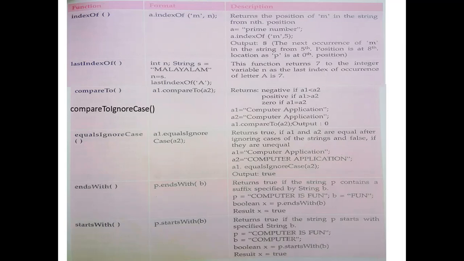Now, if by chance the character does not exist, then it returns -1. It will not give an error message. It returns -1. Is it okay? Yes, sir. So -1 means the character does not exist. That is indexOf.